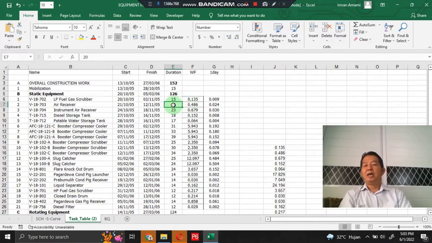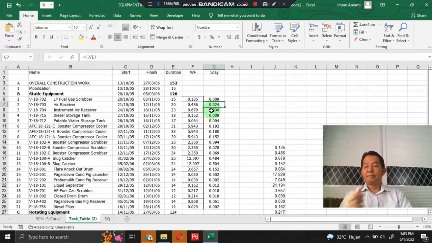E7 is the work schedule for the air receiver. Then we get the work factor for 1 working day for the air receiver work item. Then the same applies to other cells in these conditions.